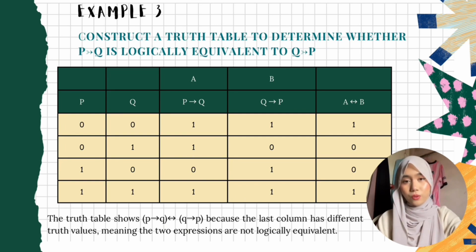It is false in rows 2 and 3, which tells us that P equivalent Q is not logically equivalent to Q equivalent P. So, the two expressions are not logically equivalent because their truth values differ in some cases. This is how a truth table helps us to determine whether logical expressions are equivalent or not.